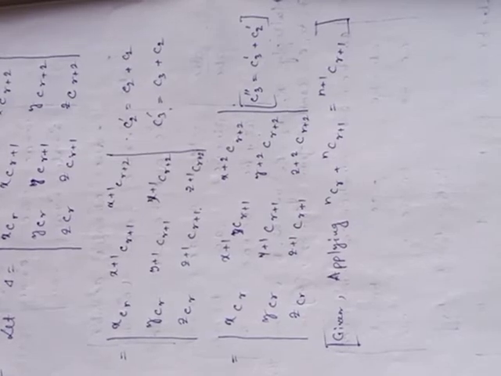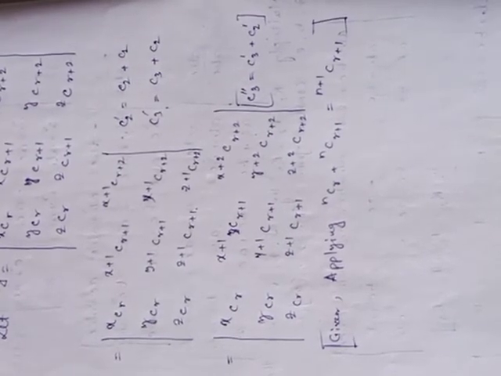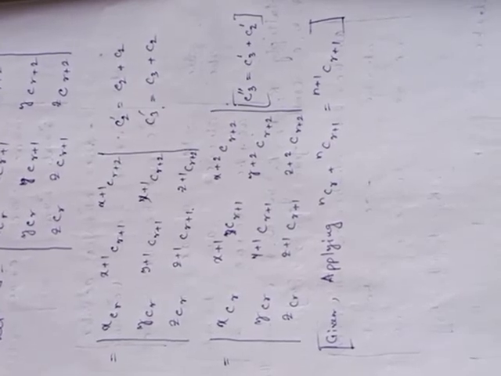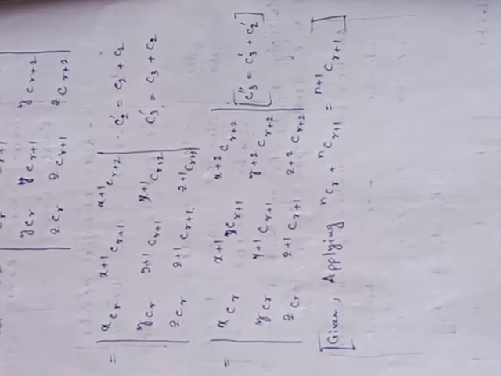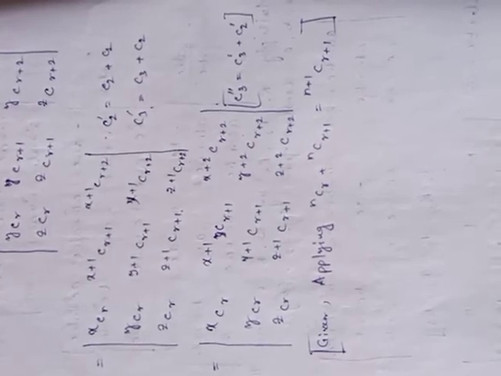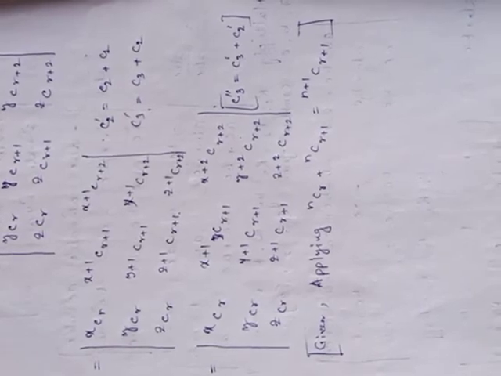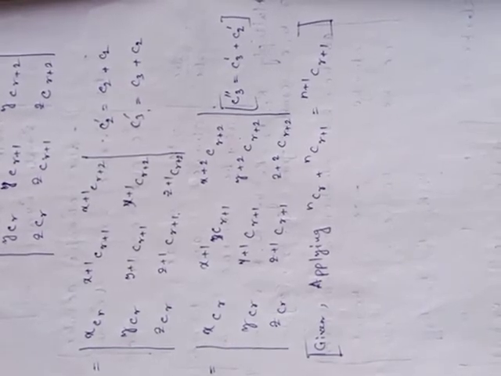Now if we write xCr, yCr, zCr, x+1Cr+1, y+1Cr+1, z+1Cr+1, x+1Cr+2, y+1Cr+2, z+1Cr+2. Now applying again C3'' equals C3' plus C2'.